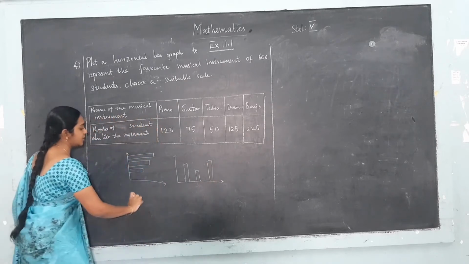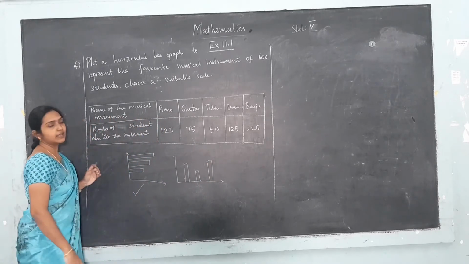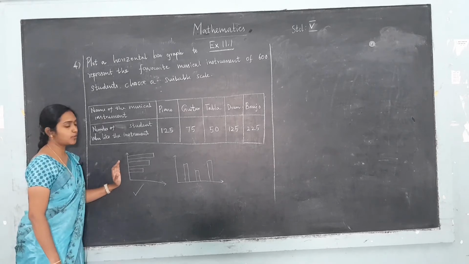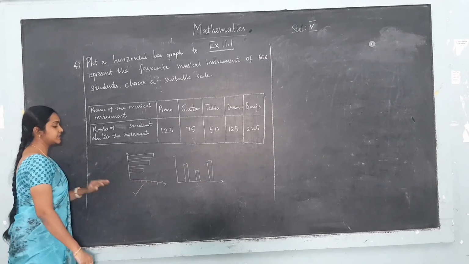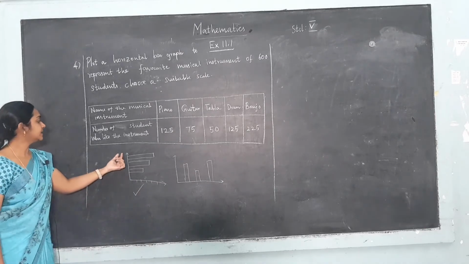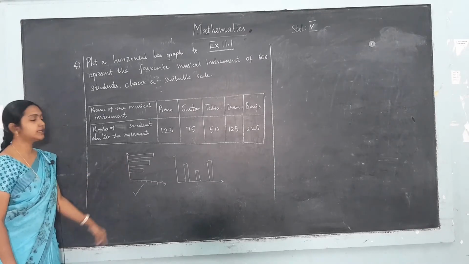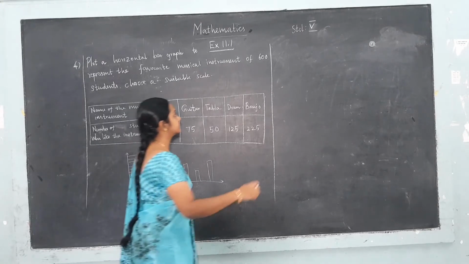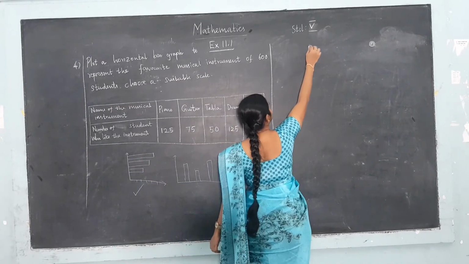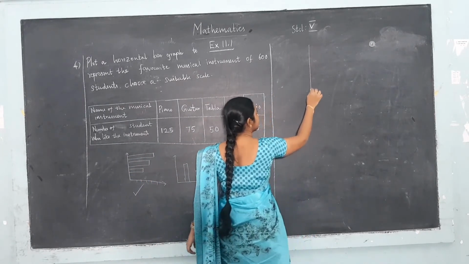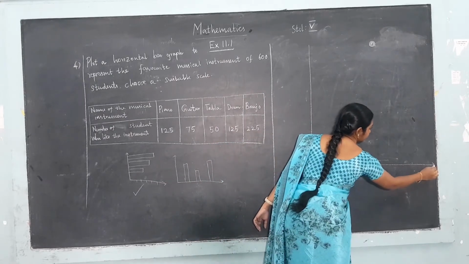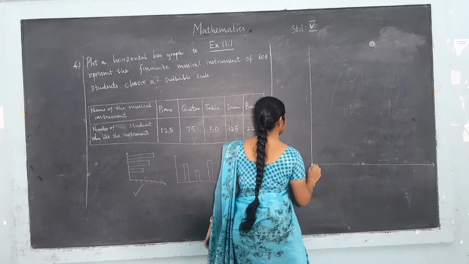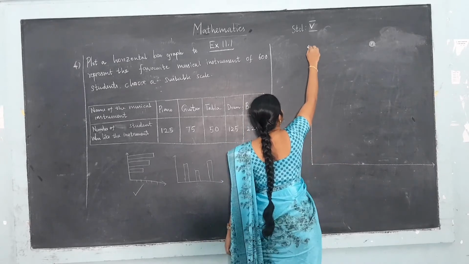Now we are going to draw horizontal bar graph. For drawing horizontal bar graph, the numbers should be represented in the x-axis and the names should be represented in the y-axis. First draw x and y axis.